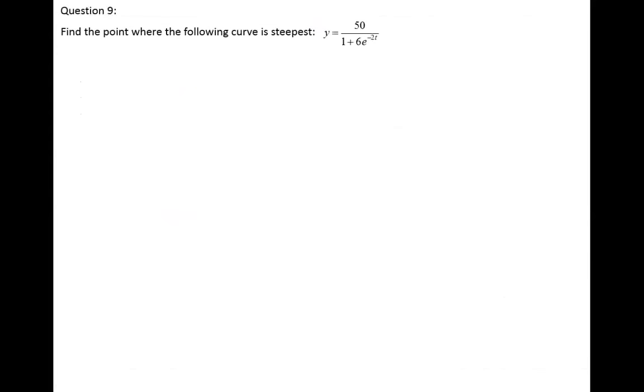That's what I'm trying to ask: find a point where the following curve is the steepest, which means the fastest growth. The logistic growth curve has the fastest rate if this value is half of L. I use the word steepest, but of course it means the fastest growth.